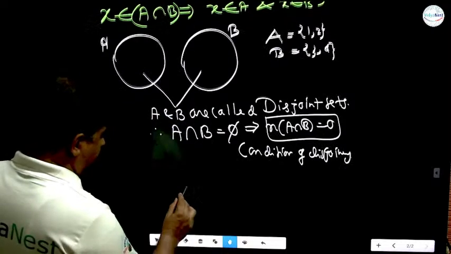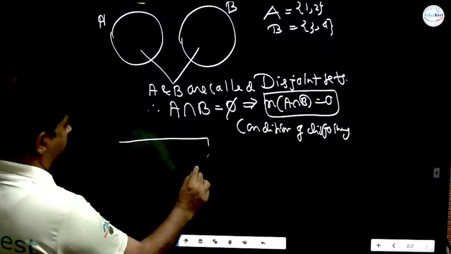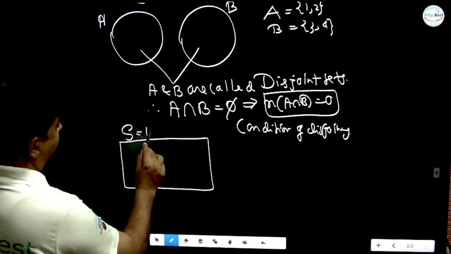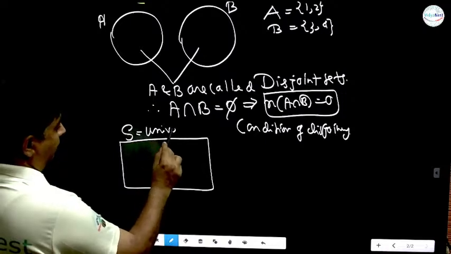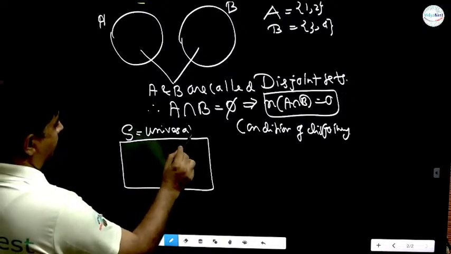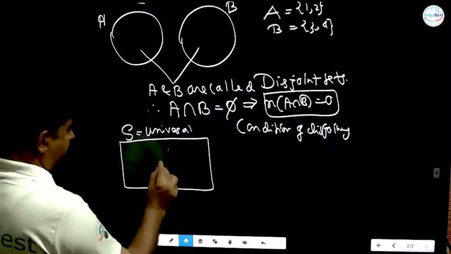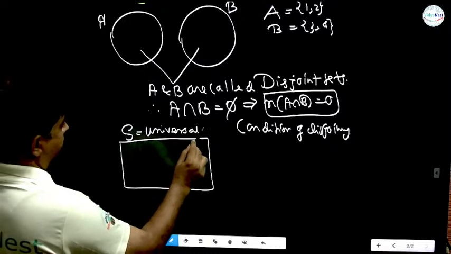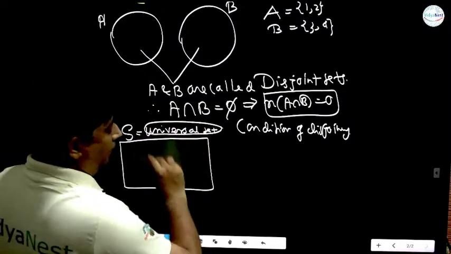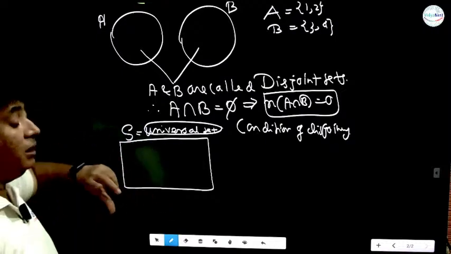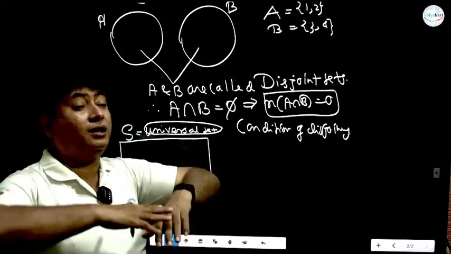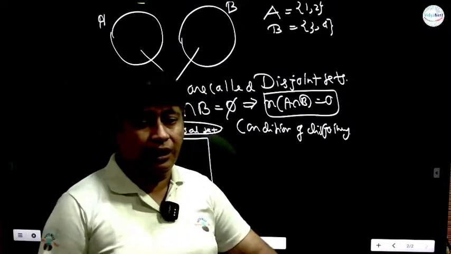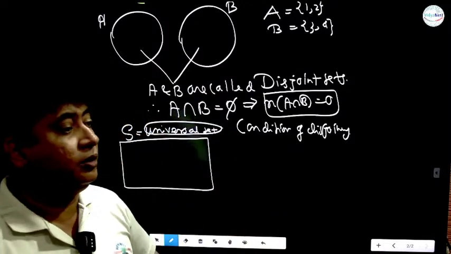Suppose this is a set called universal set. If I analyze this name, universal means it contains all types of sets. Like India. India is the universal set to any state.